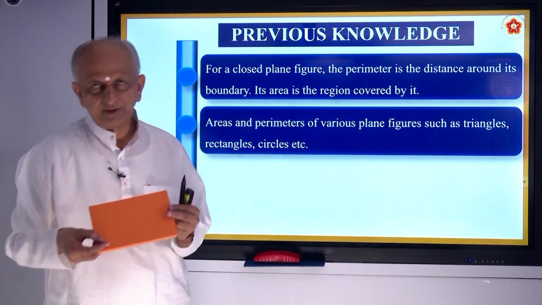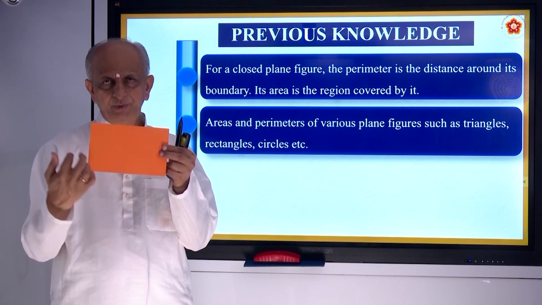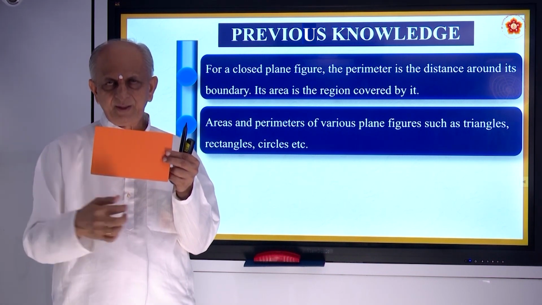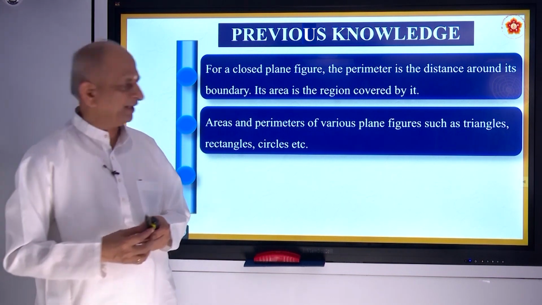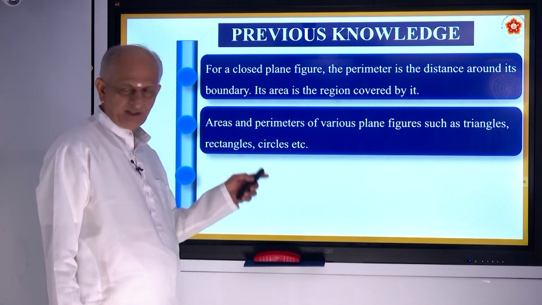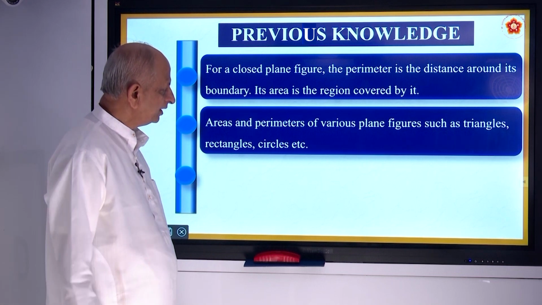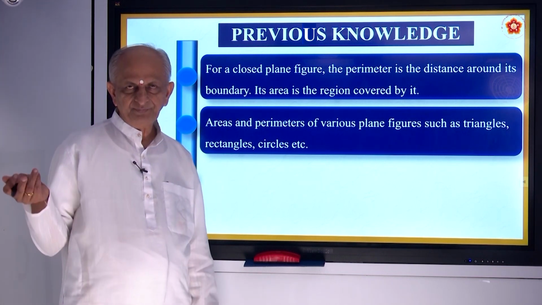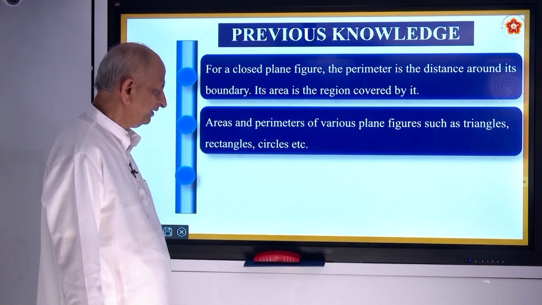Also you have seen about rectangle, correct? In a rectangle you have 2 lengths and 2 breadths. So perimeter becomes 2L plus 2B, area becomes L into B, correct? Also you have seen about circles. In case of circle, the area is pi r square and perimeter is 2 pi r. Already studied in the previous class.